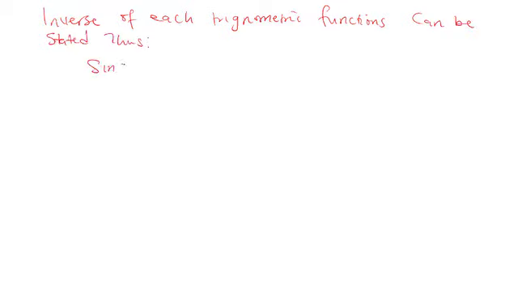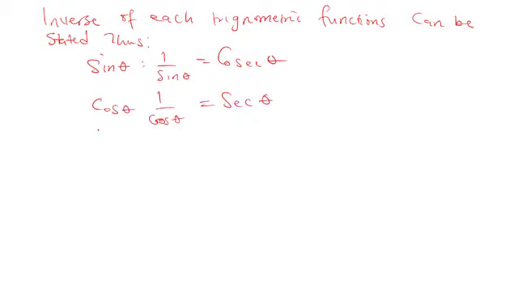The inverse of sine theta, that is 1 over sine theta, is known as cosec theta. The inverse of cos theta is known as sec theta. And the inverse of tan theta is equal to cot theta. This is for sine, cosine, and tangent, so you can call them using this format.